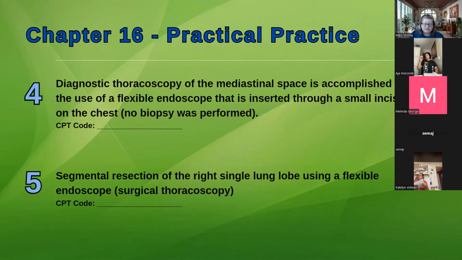There's a whole bunch of different ones that are spelled very similarly. So we're looking for thoracoscopy, mediastinal space, flexible endoscope. Diagnostic, with biopsy, without biopsy.